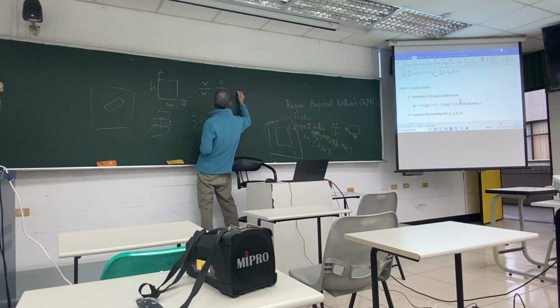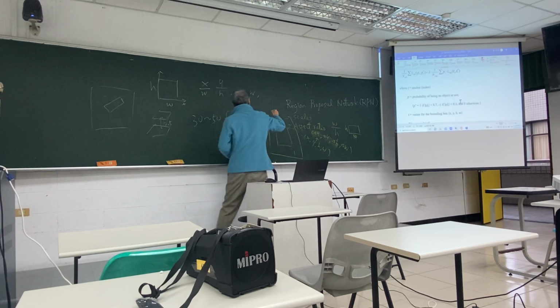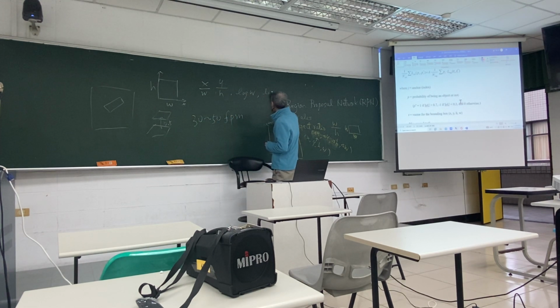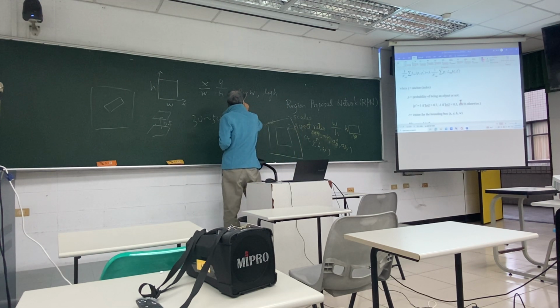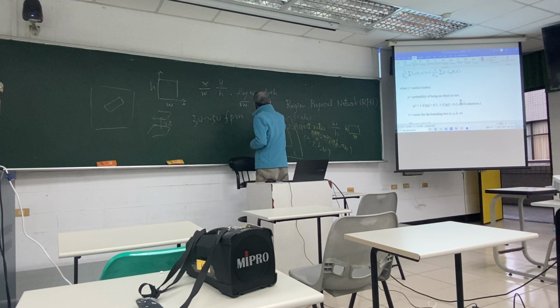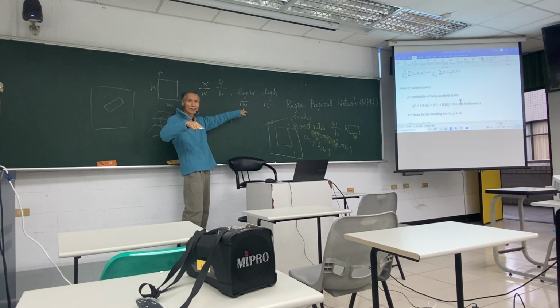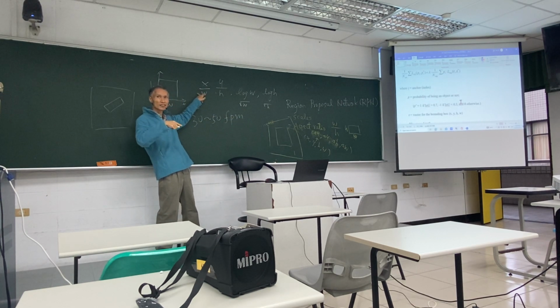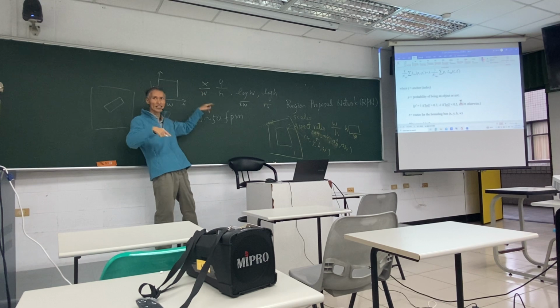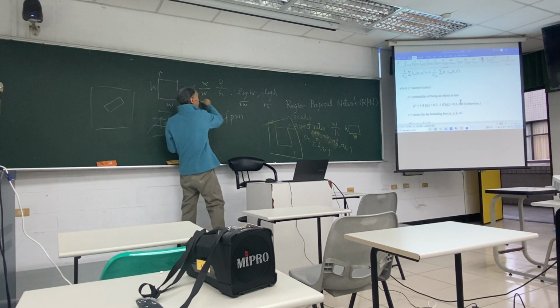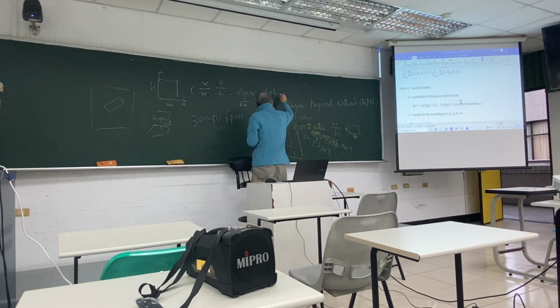And then you take log w and log h. Some use the square root of w or square root of h to reduce the value, otherwise this value could be too small. You just do the normalization for these 4 parameters.